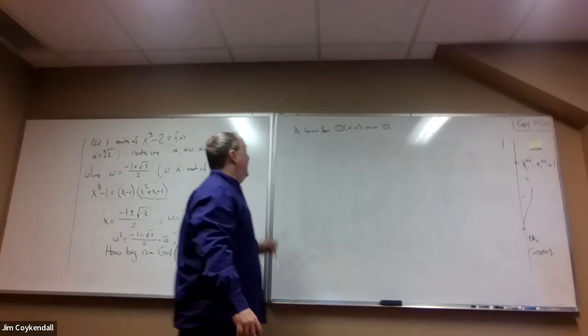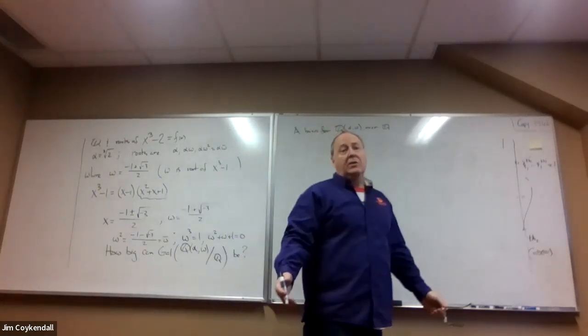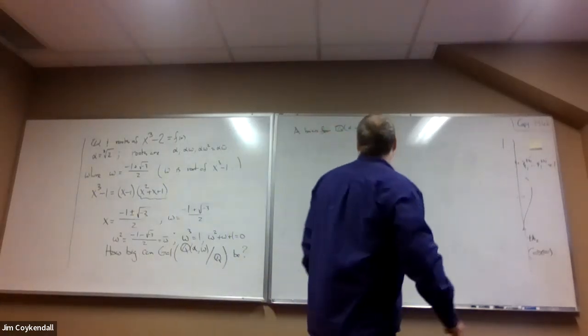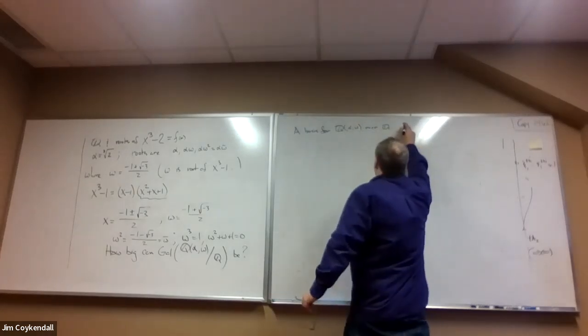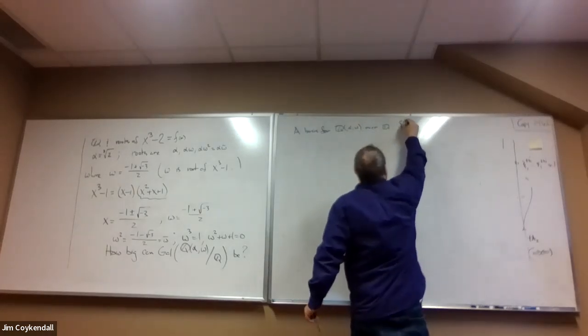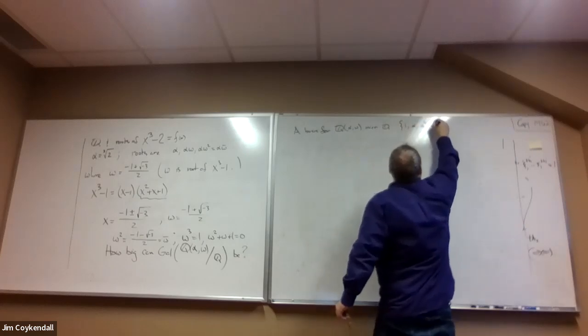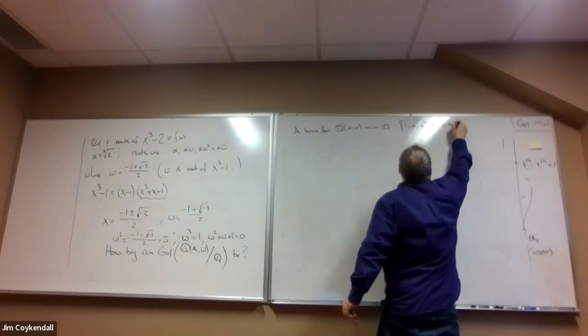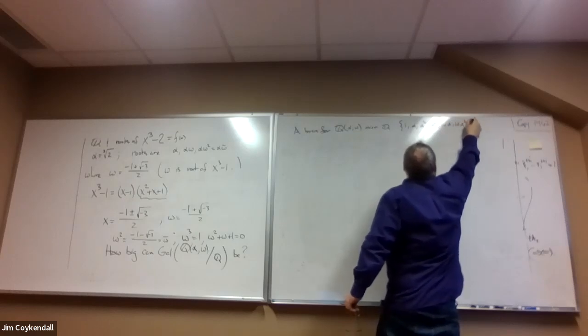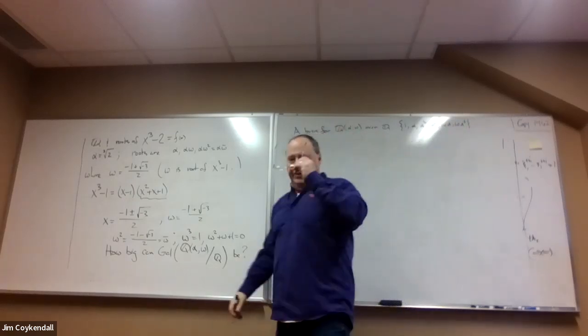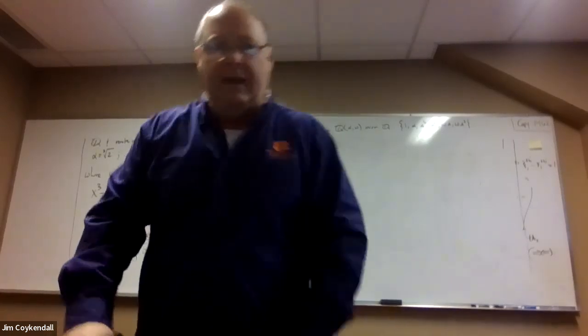It's actually degree 6, and you can verify this directly by showing that a basis for this consists of 1, alpha, alpha squared, omega, omega alpha, and omega alpha squared. You can actually show that this is a linearly independent set and forms a basis.